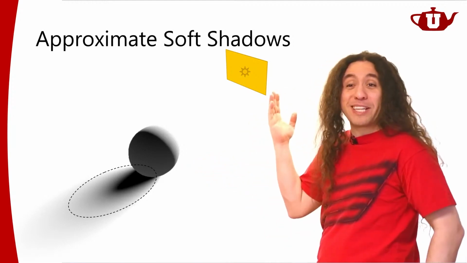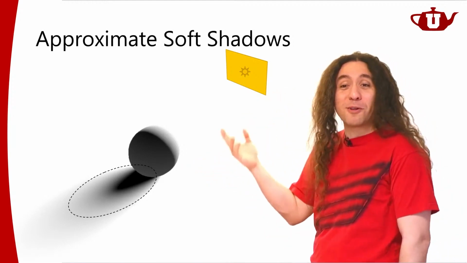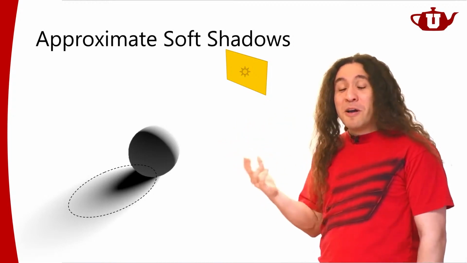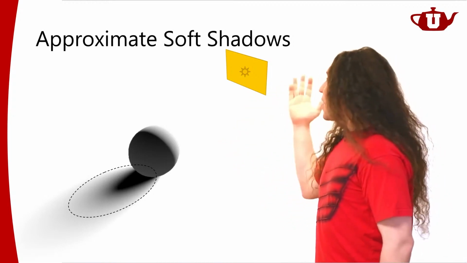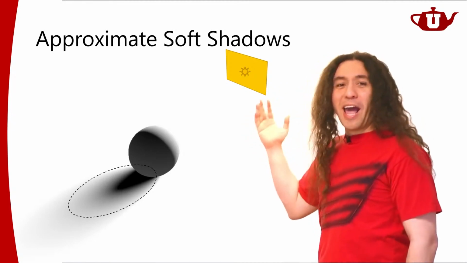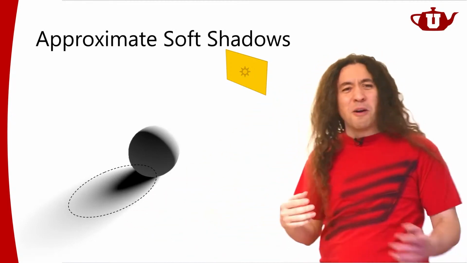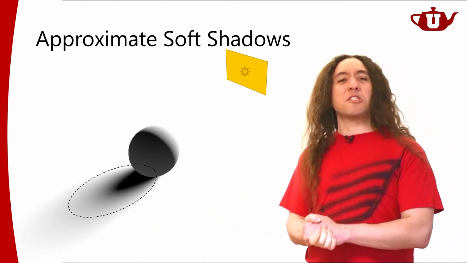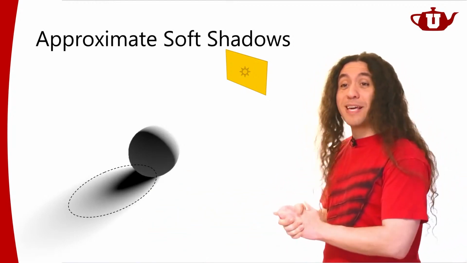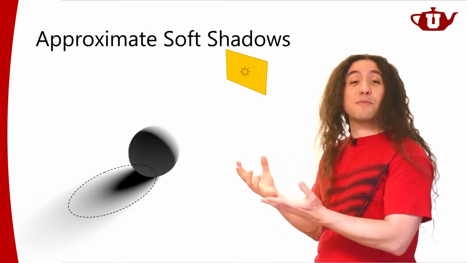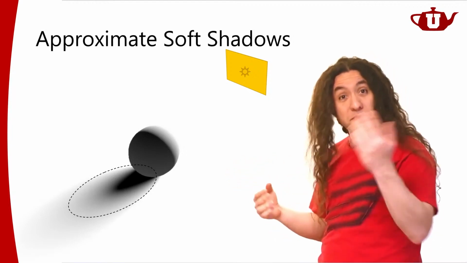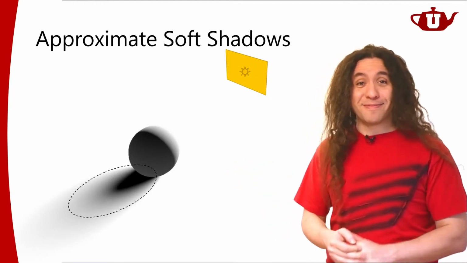I don't know if it's supposed to be this big, maybe larger, maybe smaller, maybe closer, maybe further away. But I can tell that there's a light source along this direction, and I'm supposed to get some soft shadow like this. So maybe approximating it is good enough, right? Maybe I don't have to be exact. Maybe just an approximation is what I'm looking for. So let's go there and do that.